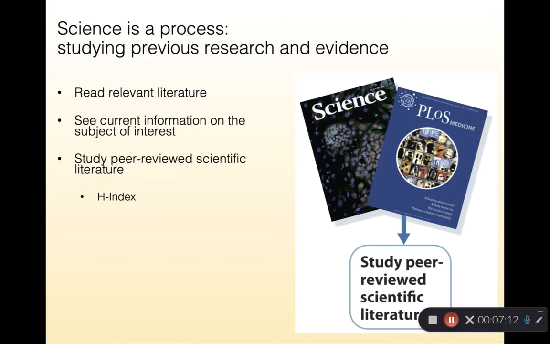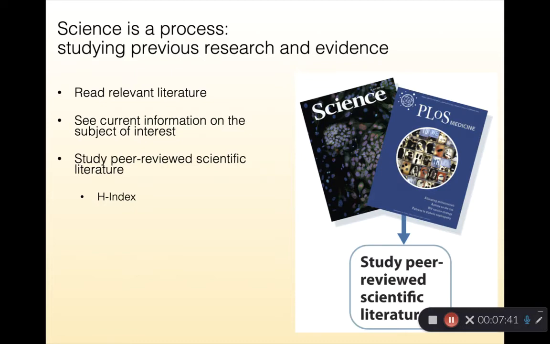A very brief way to evaluate a scientific journal or a scientist is something called the H-index. There are a lot of problems with this index, so just as a caveat moving forward, essentially it's the number of publications that a scientist puts out into the universe, and then how many times those scientific papers are cited by other scientists.